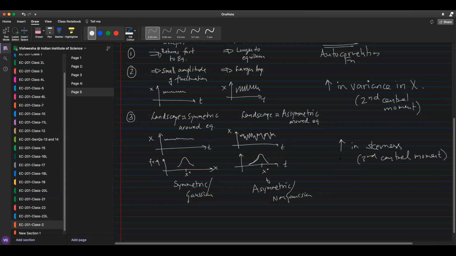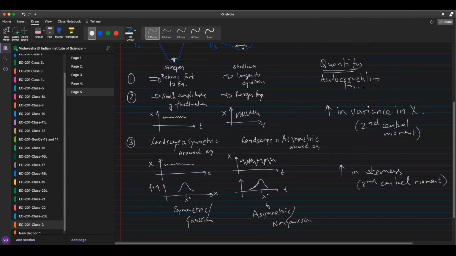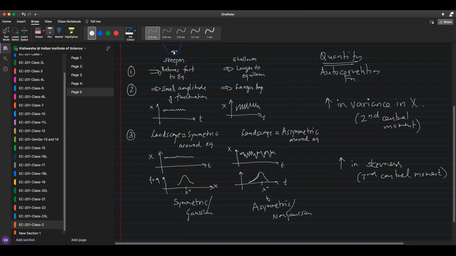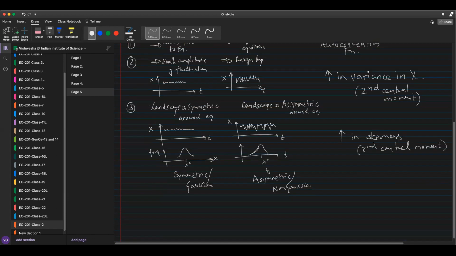Okay, so therefore, if you estimate these quantities, either the return rate from the autocorrelation function, or the variance, which is a measure of fluctuations, or the skewness in the amplitude of fluctuations, and if you observe that there are these systematic trends, what can you infer?